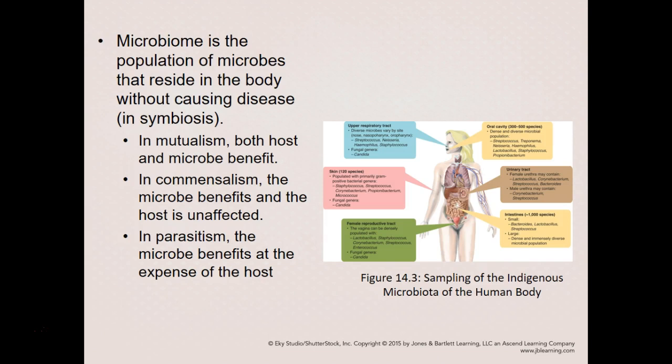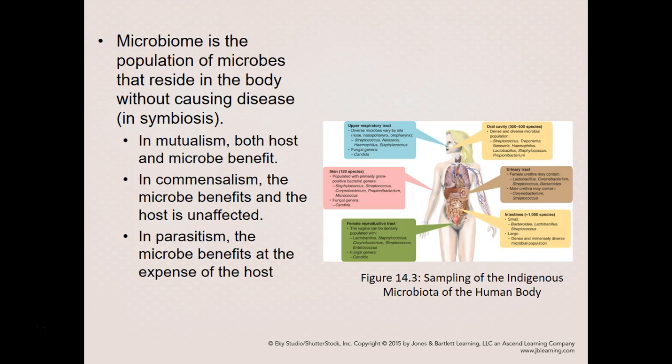And so if you look at our normal microbiota, you can see that we have, well, hundreds and hundreds of species of bacteria in every single region. And they're living inside of us, either in a commensalistic or a mutualistic symbiosis.